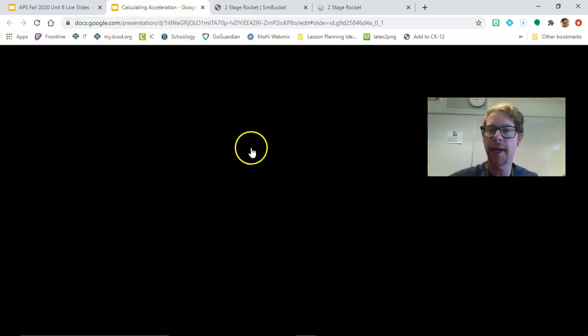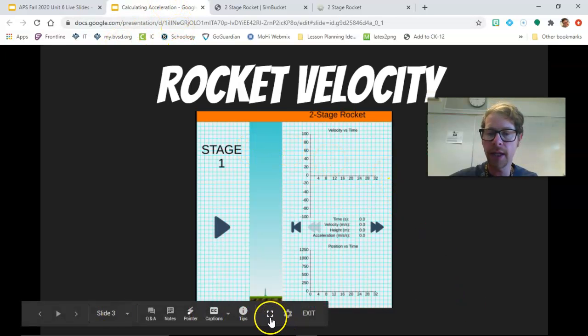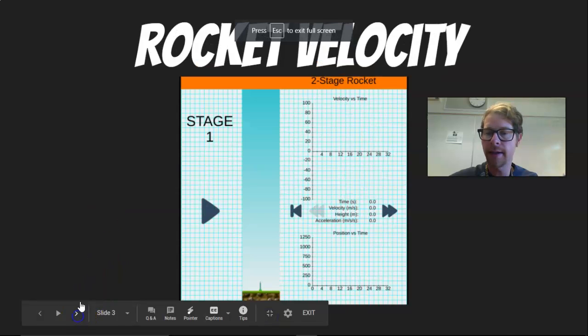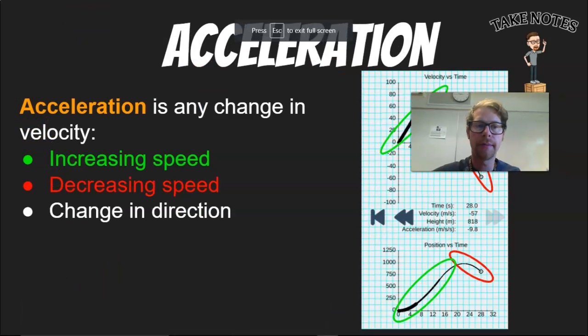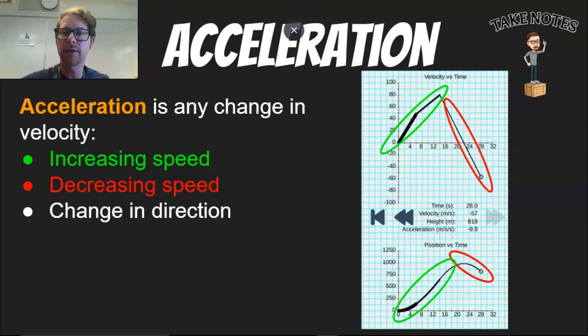So let's go back to looking at what we were looking at, and here is some of that data highlighted. We're looking at these graphs to find acceleration. What is acceleration? Here's your plain old note that you should have. Acceleration is any change in velocity.